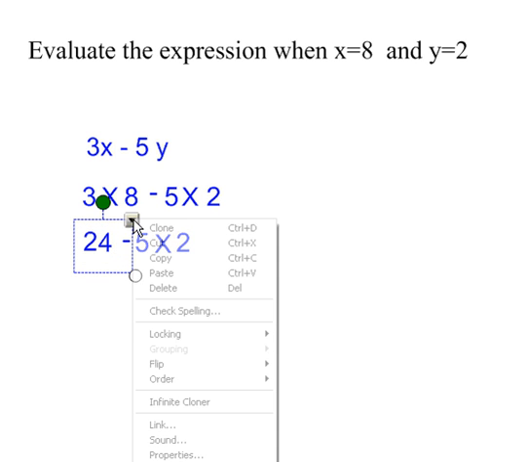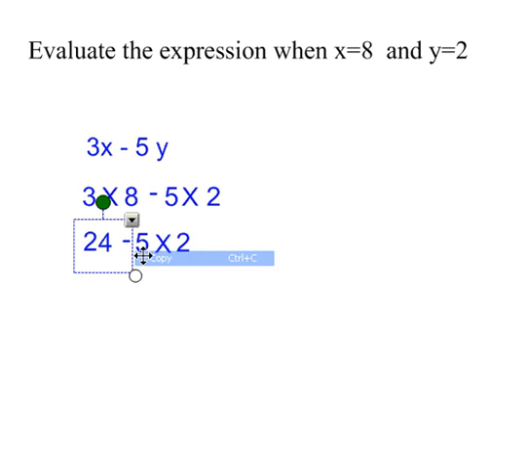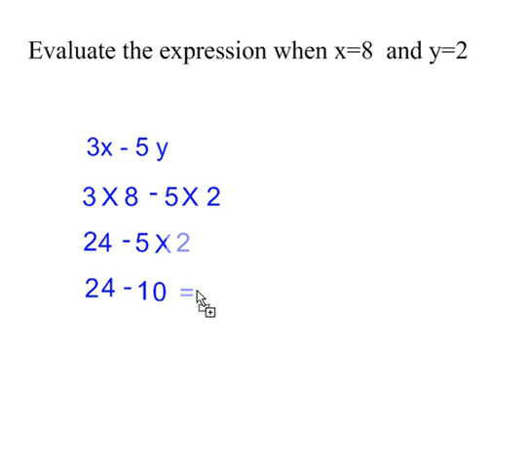We would have 24 minus 2 times 5, which is 10. And now we know that 24 minus 10 is 14.